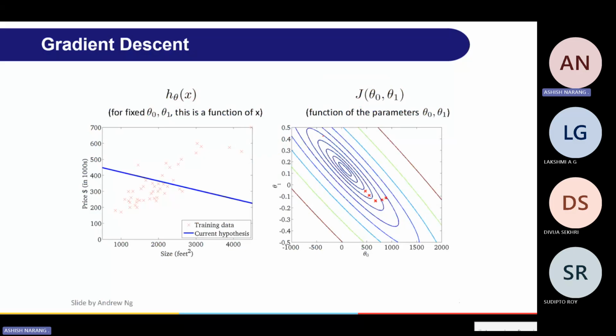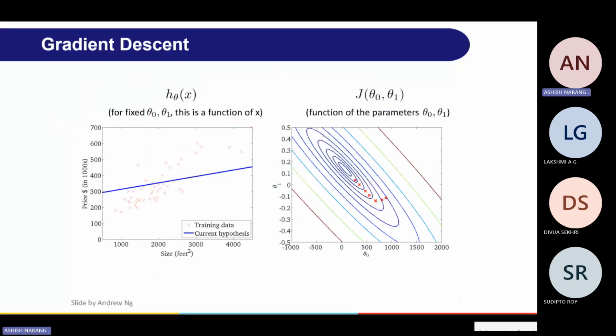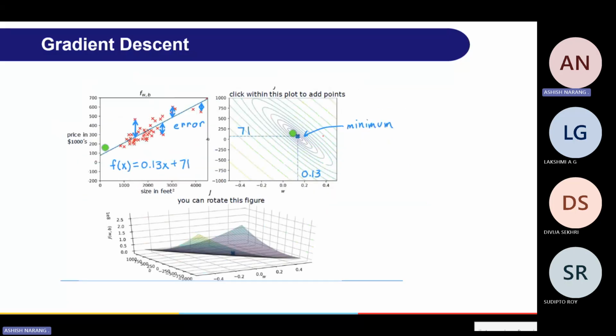From this line, you will gradually have come to a straight line, right? Right now, straight line is a bit better. And now you see you are started gradually moving towards the point. You see slowly and slowly you are moving, right? Finally, you got this bit, which is the minima value that you have got. So f of x is 0.13x plus 71 there, right?